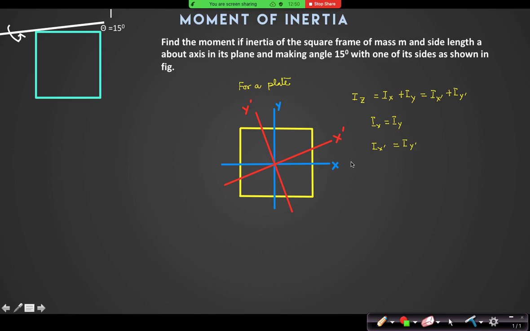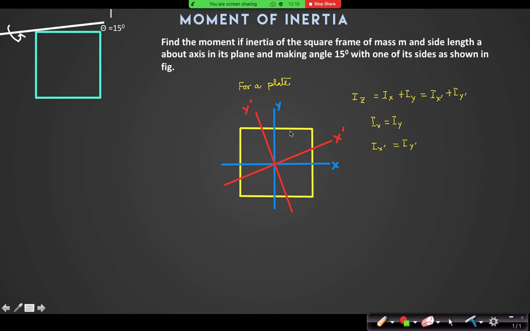In the case of a square, if I say x prime and y prime, and you just rotate this plate 90 degrees, you will find that x prime will lie here and y prime will come here.